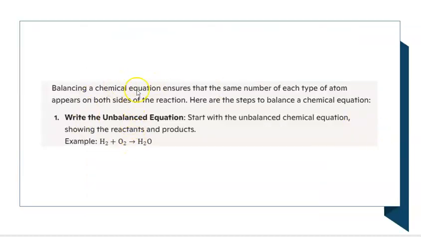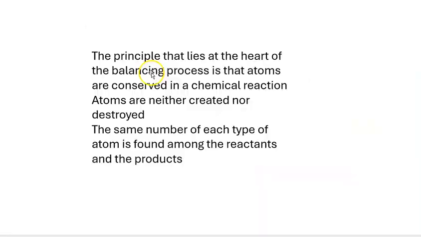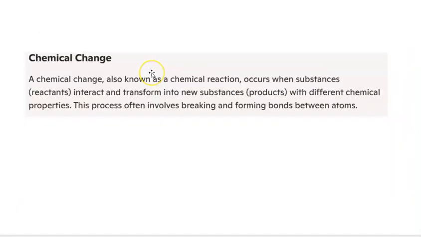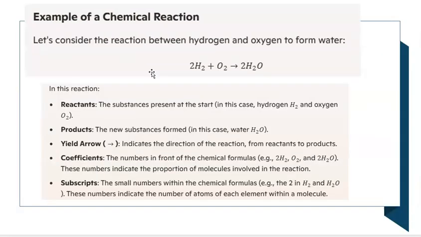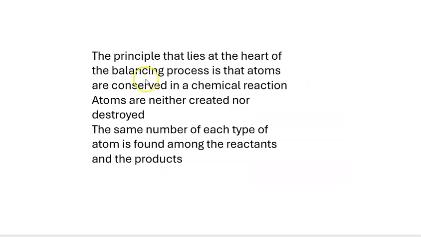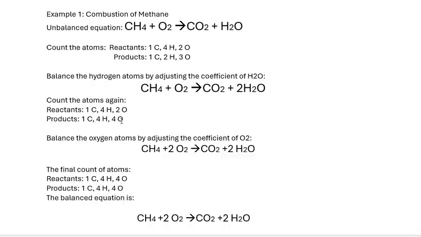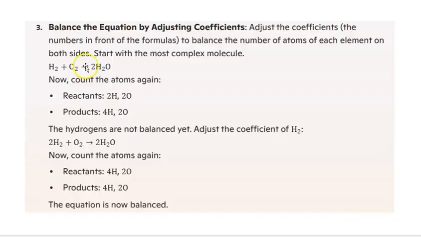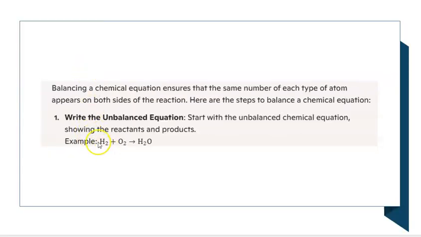Let's begin by balancing the chemical equation, taking into account the principle that says that matter cannot be created or destroyed. Atoms cannot be created or destroyed. So, let's begin here. The first part, we are going to balance the chemical equation where hydrogen combines with oxygen and produces water.